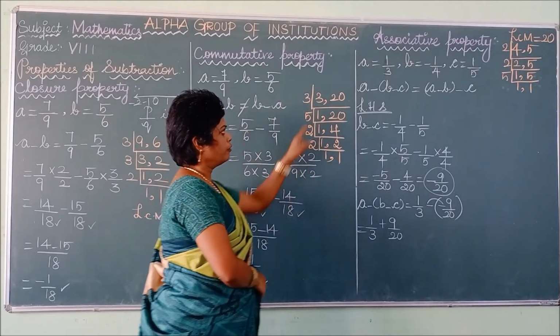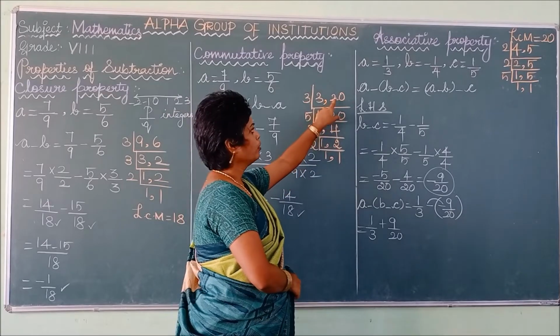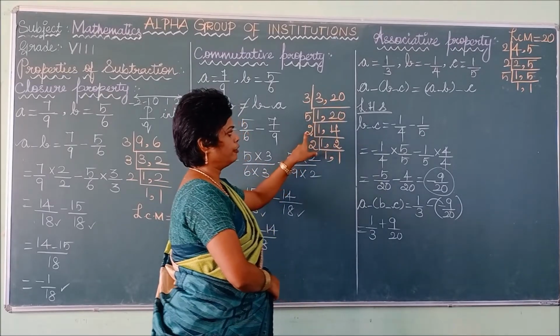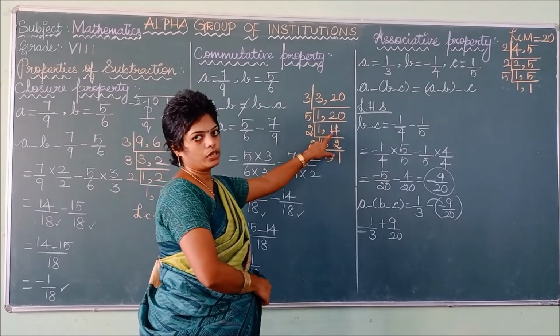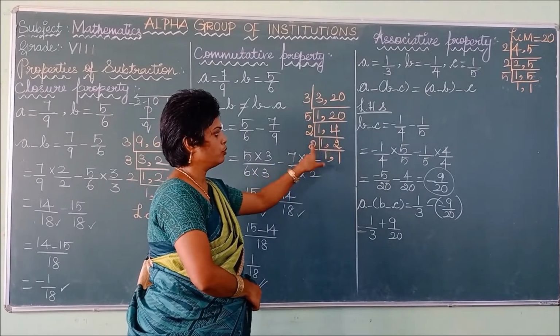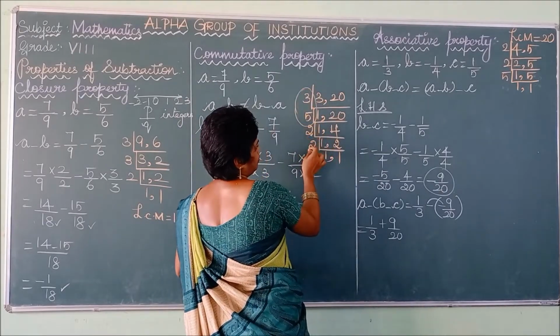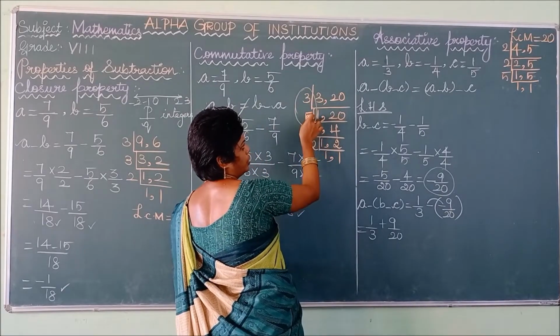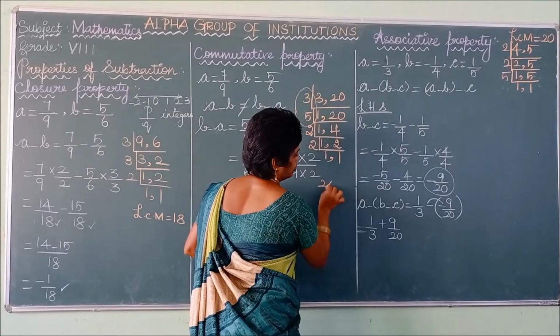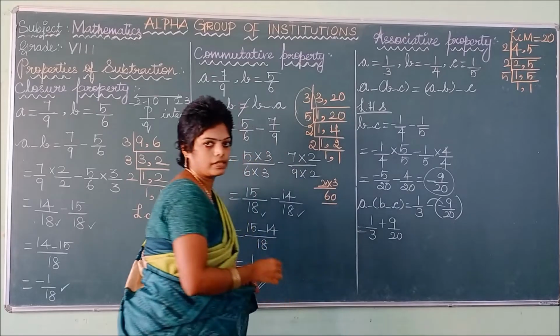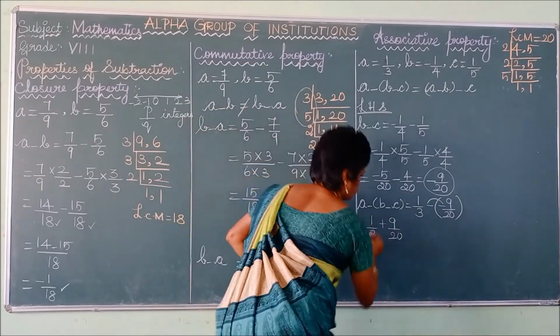So listen carefully. 3 comes one time. 20 comes as it is. 5 table means 5 fours are 20. Again you can do with the 2 table. 2 twos are 4. Again 2 table. 2 ones are 2. So what is the LCM value? This is 4. 4 5s are 20. 20 into 3 is 60. Our LCM is 60. So you have to change these 2 values.